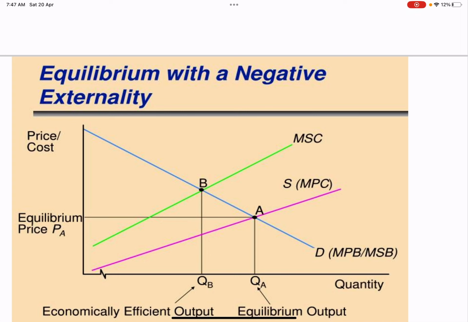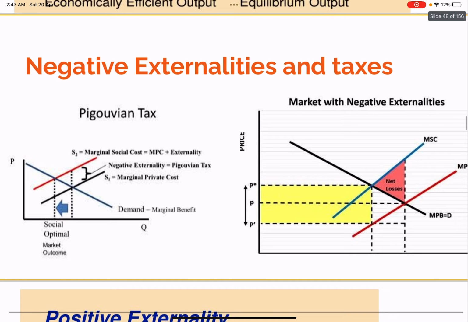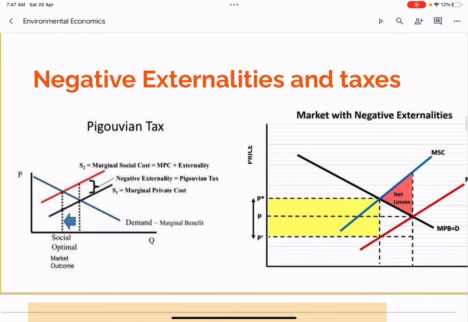Now, why has this happened? Will it happen on its own? No, it won't happen on its own. It would happen because of government intervention. And this idea was suggested by Arthur Pigou in his research paper, which we'll be discussing again in detail. He is saying that in order to take care of negative externalities, we need to tax the polluting goods, right?